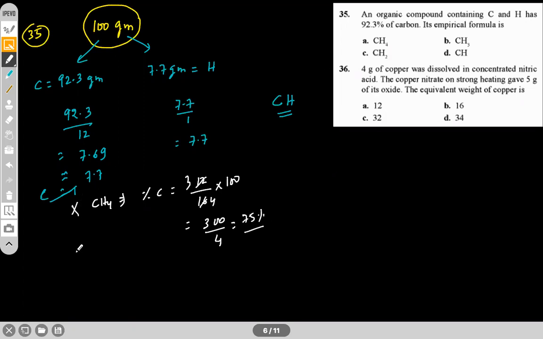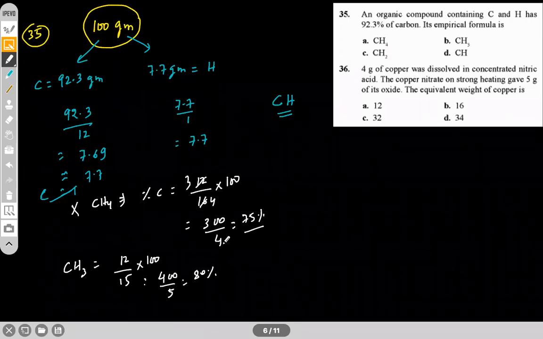Hence this one is not correct. For CH3, 12 by 15 into 100, so 400 by 5, that is 80%, which is also not correct.